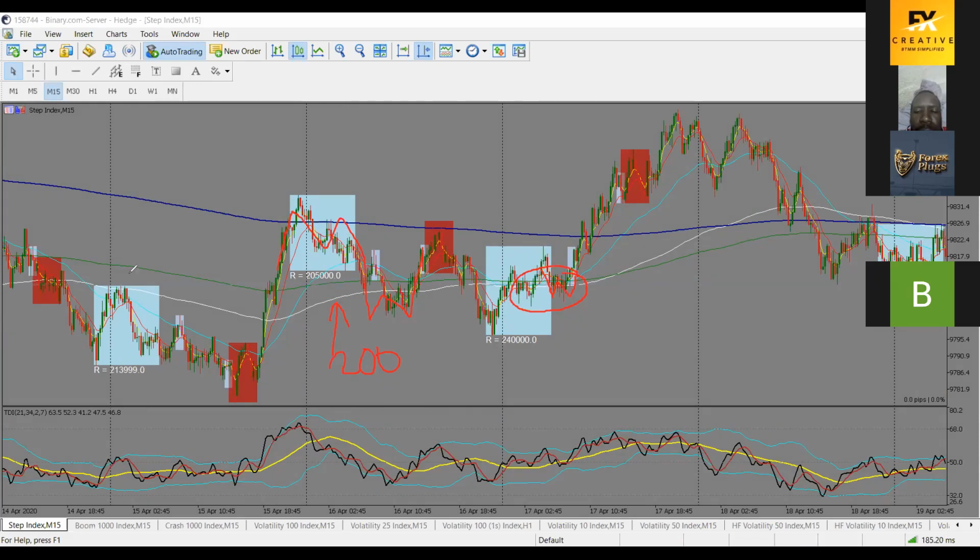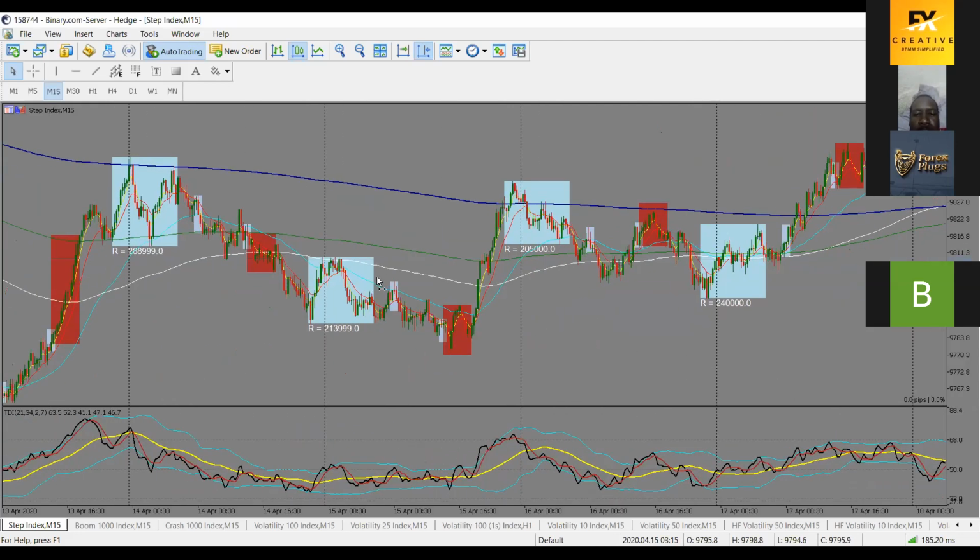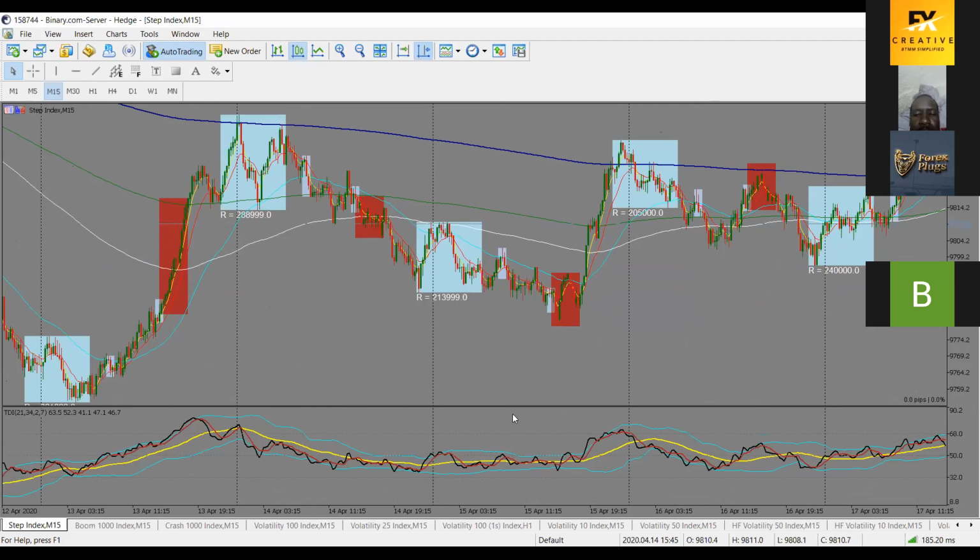Then let's see what we have here. We've got a type 1 London pattern. Let's see if we can find a type 2. We haven't found a type 2. Here's a type 2 London pattern.